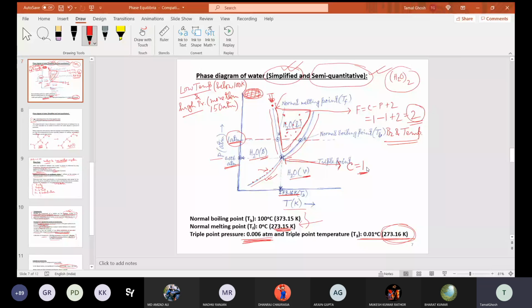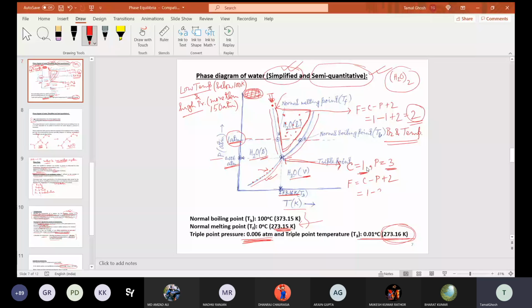And the P value will be 3, because you can see the definition of triple point. So F equals C minus P plus 2, which is 1 minus 3 plus 2, which is the 0 value.